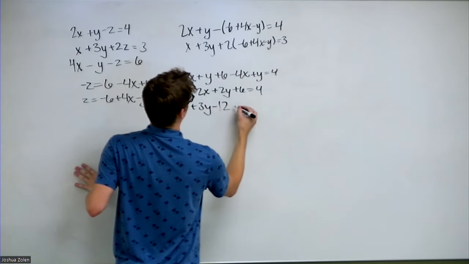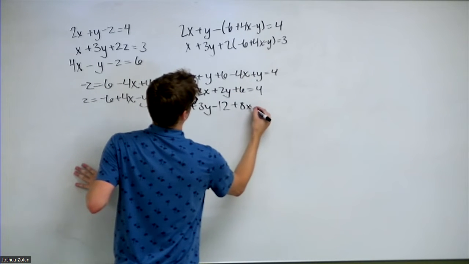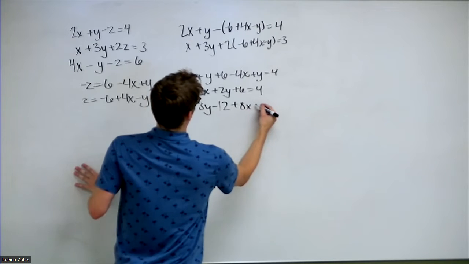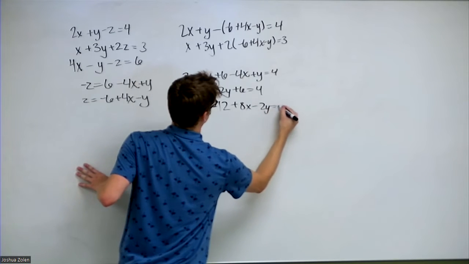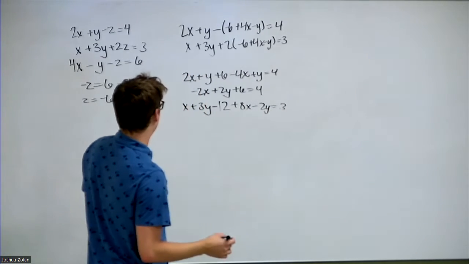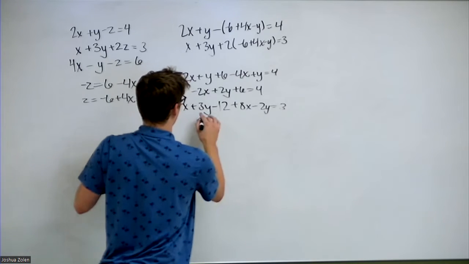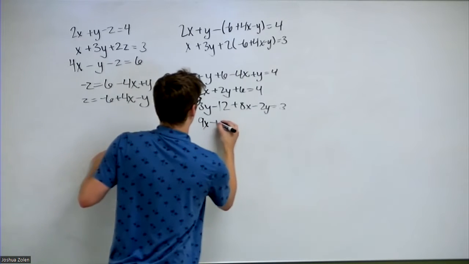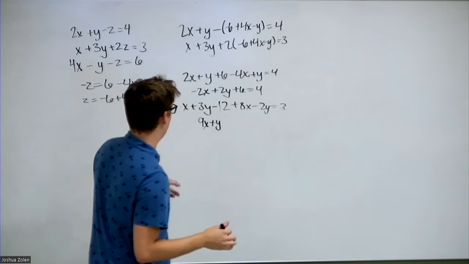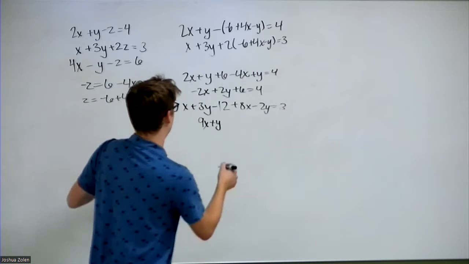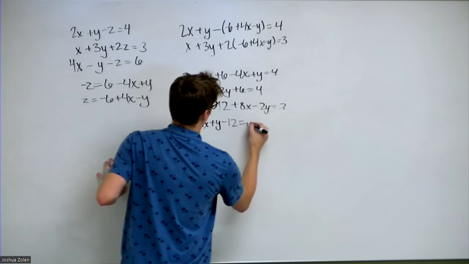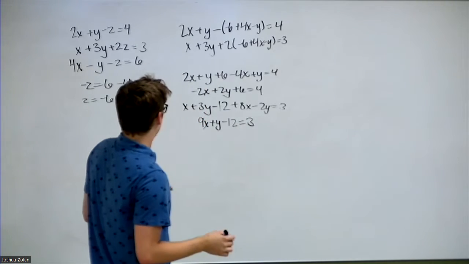So minus 12 plus 8x. And then minus 2y, and that's equal to 3. If we combine like terms here, we have x and 8x, which is 9x. We have 3y minus 2y, which gives us positive 1y, and then we have minus 12. And that is equal to 3.